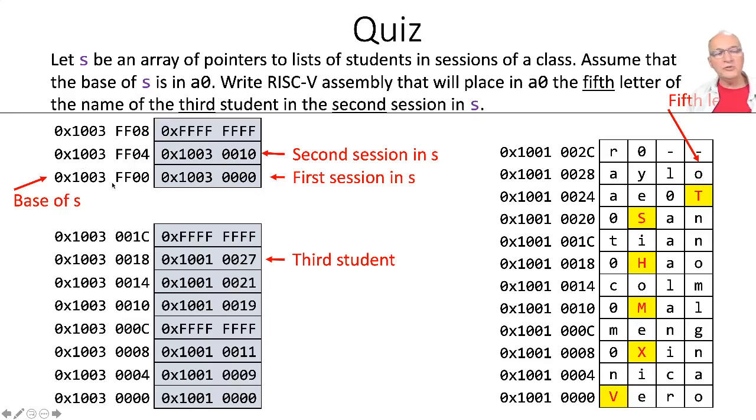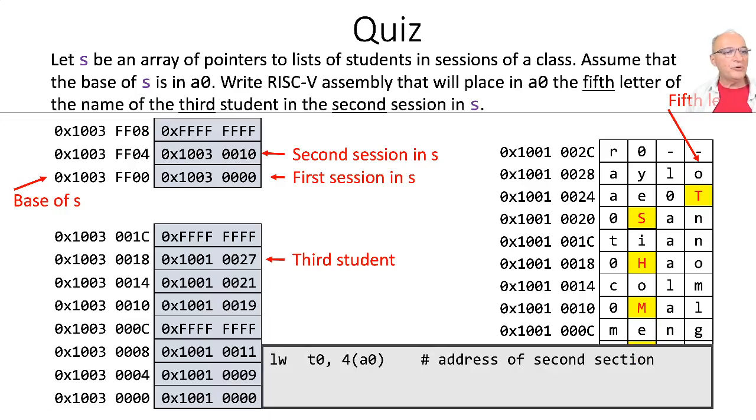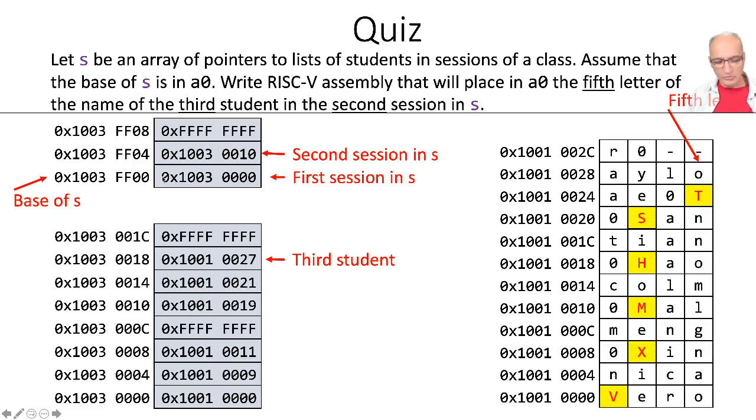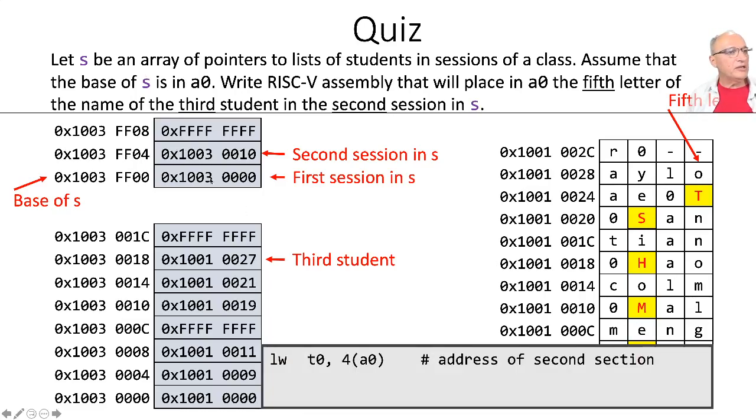Okay, so I hope that you have attempted to write the solution yourself. Let's see how we write that. First, we're going to have a load word with 4(A0), because 4(A0) will place me into the second position of this array. So that will load the address that is in this memory position into T0.